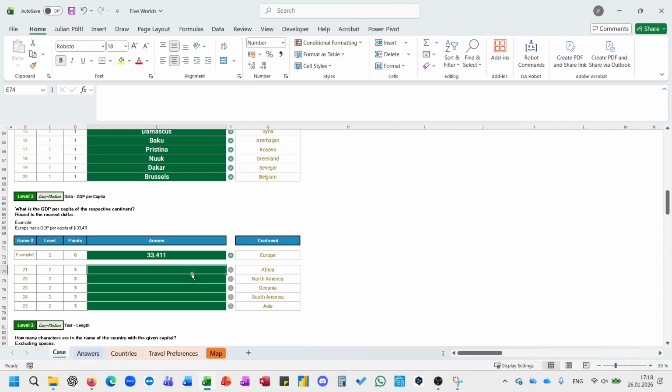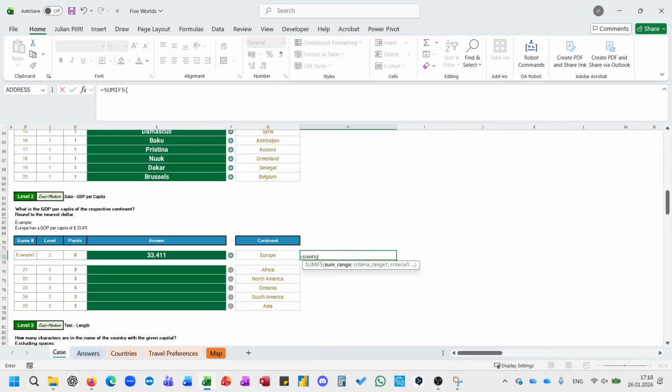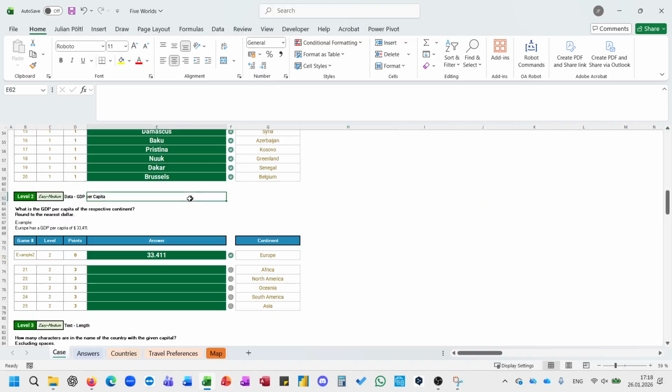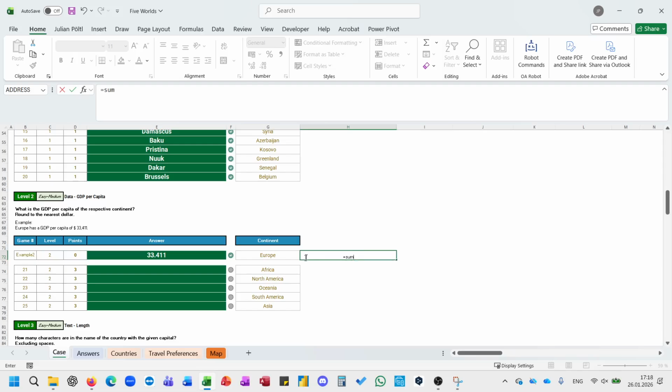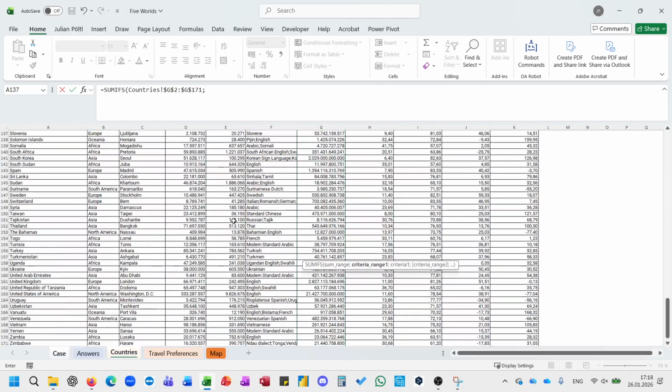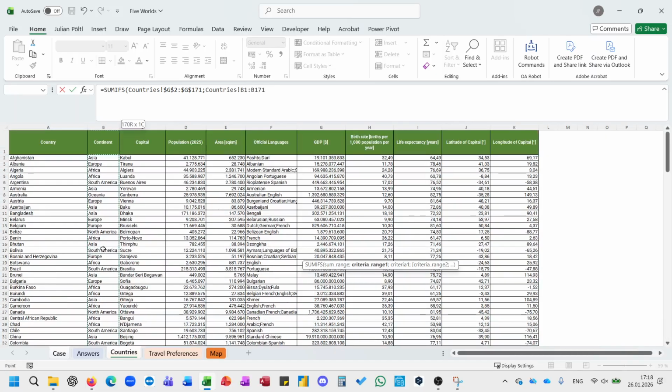Now, GDP per capita. First, we calculate per continent. First, we calculate the GDP for the whole continent. It's SUMIFS of GDP, if the continent is the continent we are searching for.